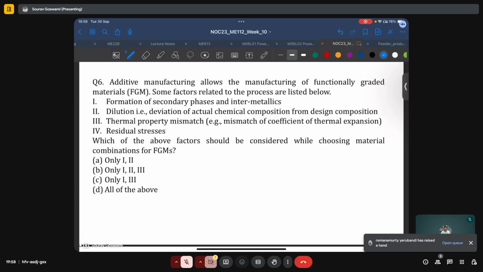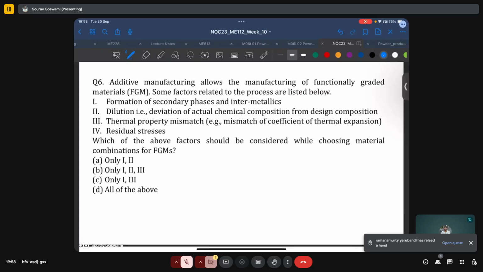Is the formation of secondary phases and intermetallics relevant? Whenever we are combining two different metals or two different alloys, we need to look at their phase diagrams to assess if there are any miscibility gaps, whether they are isomorphous, or what sort of phases can form. It is only very rare, such as in nickel copper, where the solubility is complete across all composition ranges.